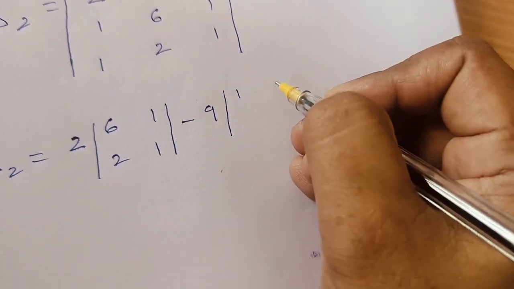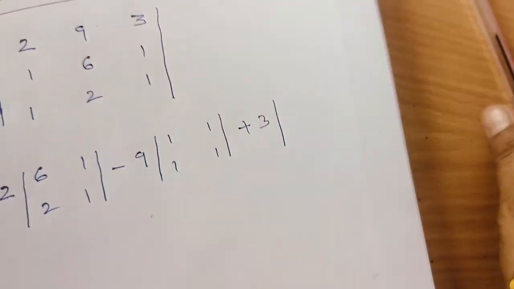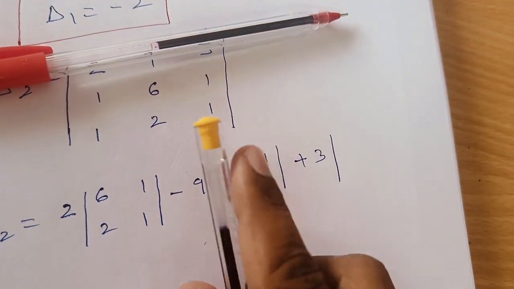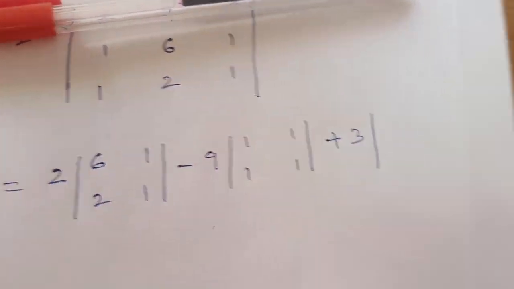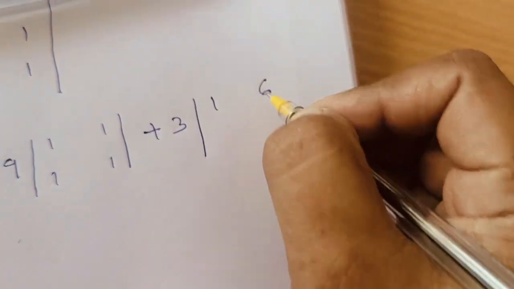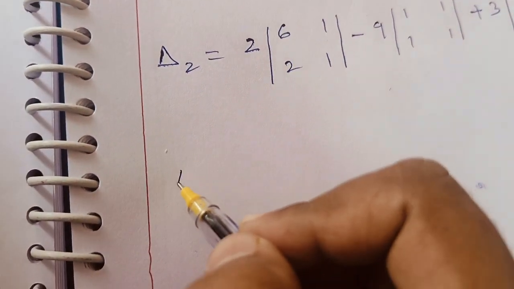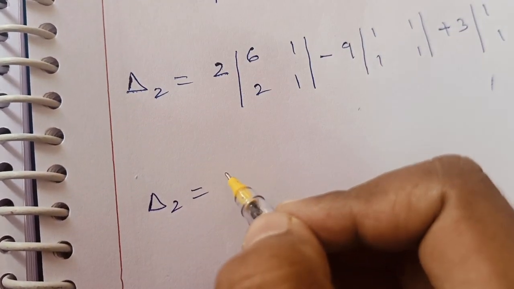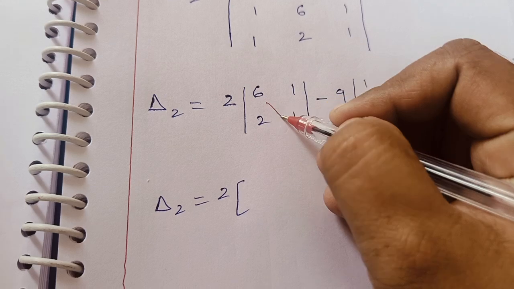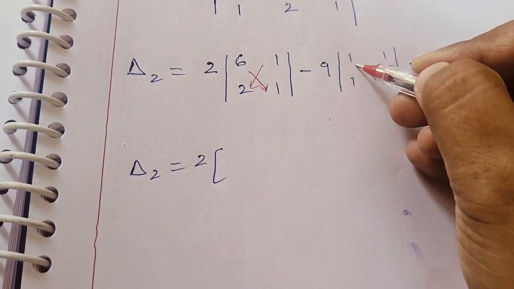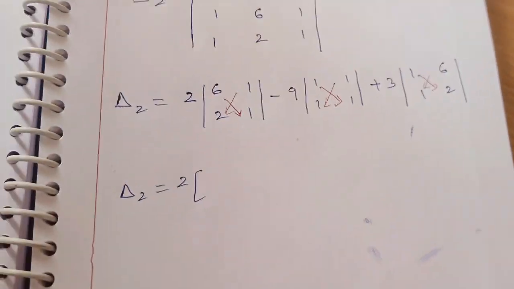So this is 1, 1, 1, 1 plus 3 into, again hide first row and third column. Here we get 1, 6, 1, 2. Now delta 2 is equal to 2 into AD minus BC form, or we can say cross product also.